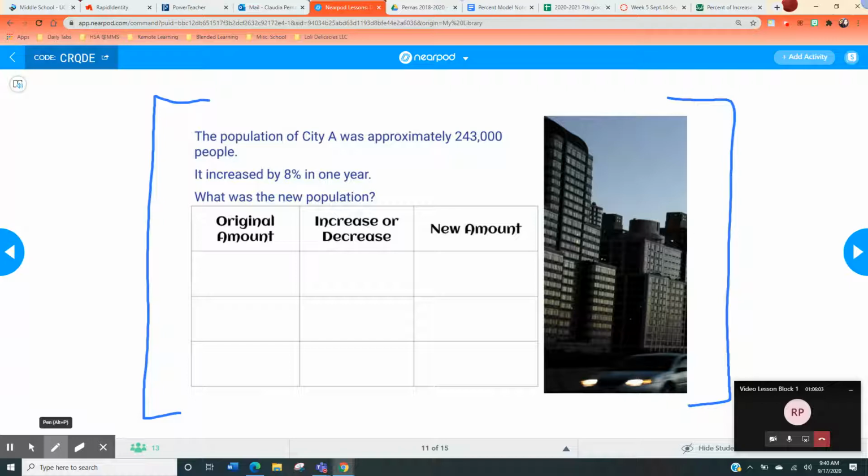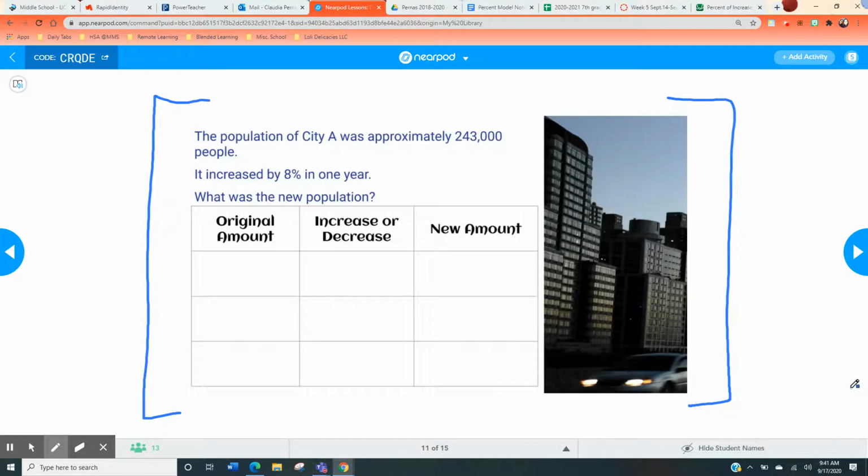Okay, so let's go. It says the population of city A was approximately 243,000 people. It increased by 8% in 1 year. What was the new population? So we're going to go back a second time and we're going to underline.